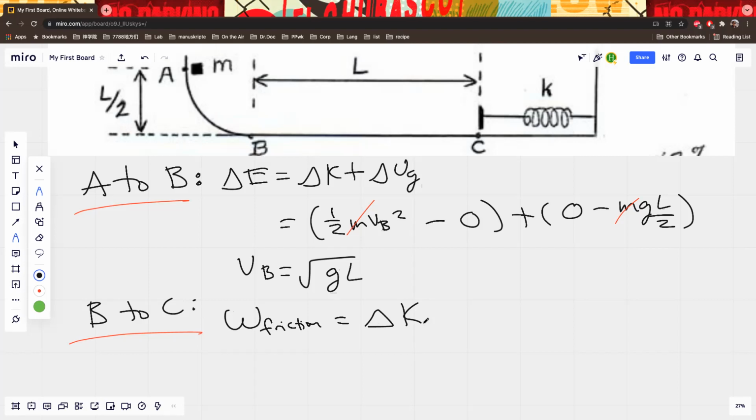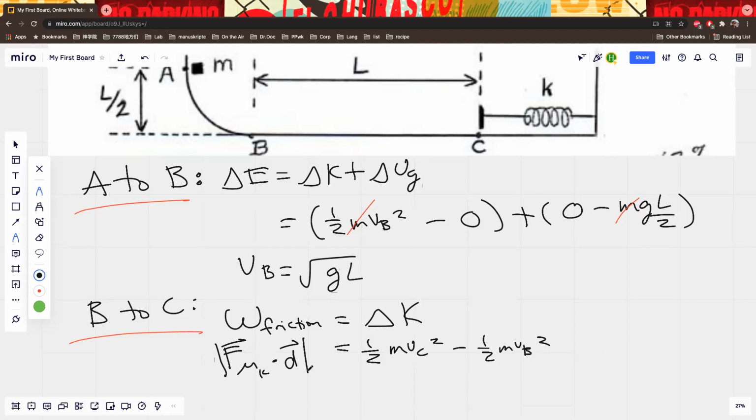So delta K itself is equal to the final kinetic minus the initial kinetic energy. And then the work of friction is equal to mu K times the normal force times displacement, the magnitude of that vector product.